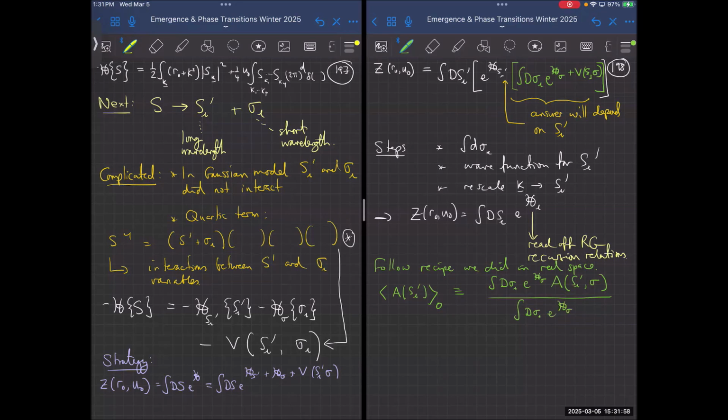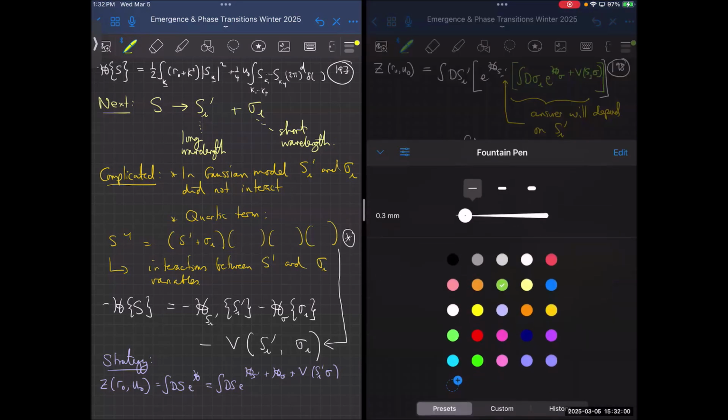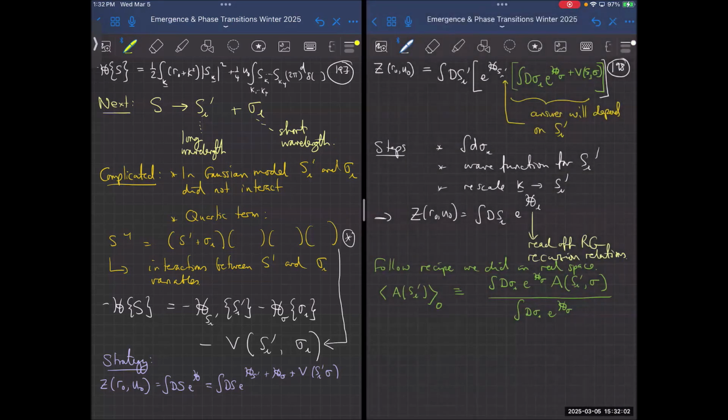So that's just like what we did in real space. And this denominator is just the partition function of the short wavelength degrees of freedom. So I'll call that Z sigma R naught. That's exactly what we had before.